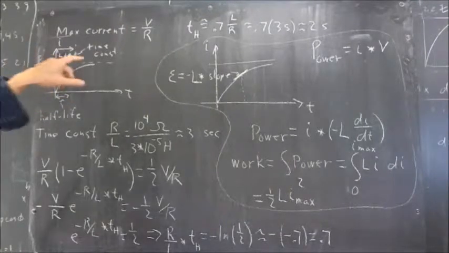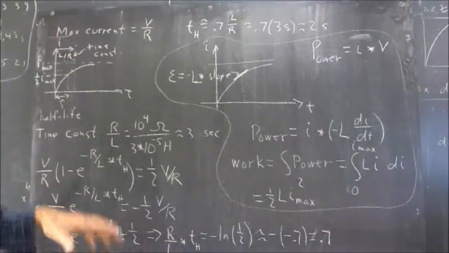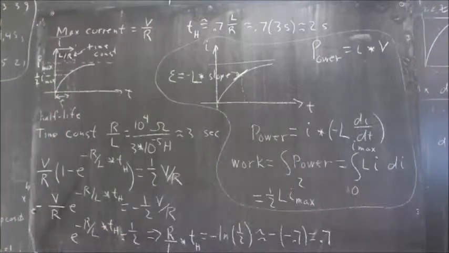And then the time constant L over R is the time it takes to fall to 1 over e times Imax. I didn't label that, but that's again analogous to what we've already seen with RC circuits. So we have the half-life here, the time constant here. The half-life, as we'll see in a minute, is about 0.7 times the time constant.